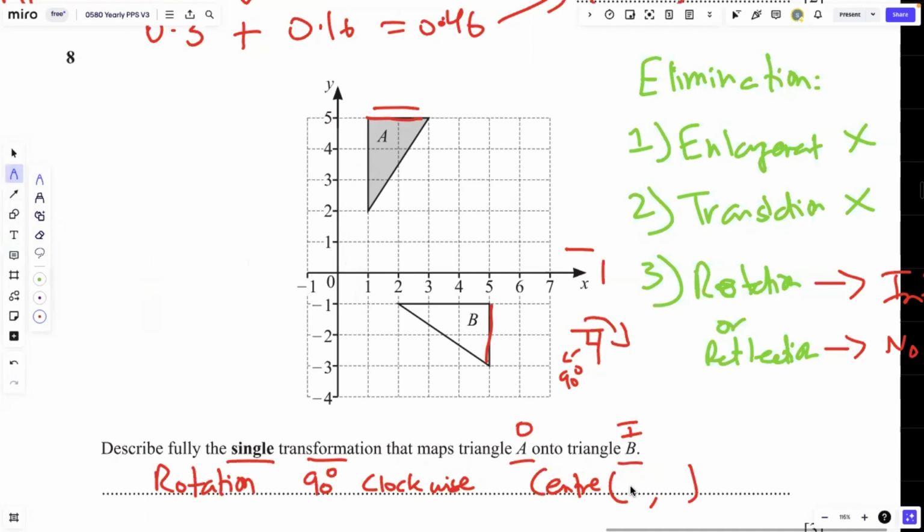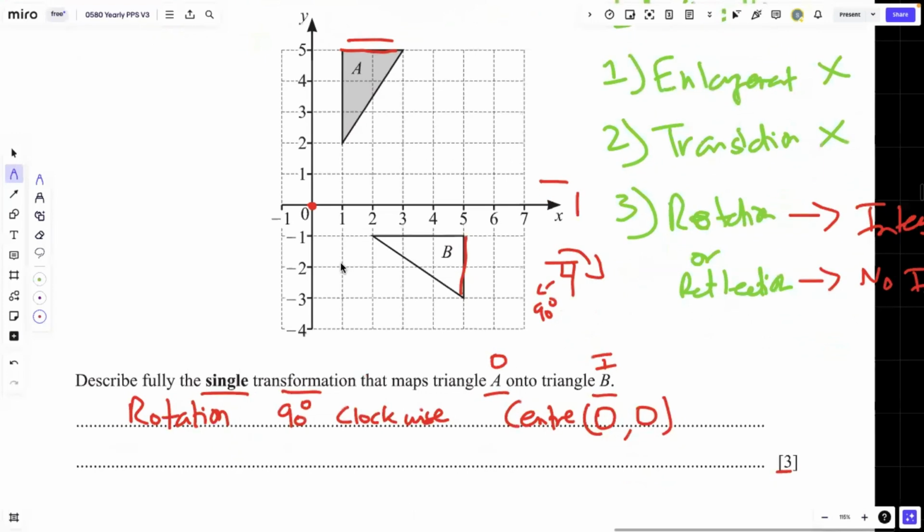The center point for this rotation, 90 degrees clockwise, is going to be the origin itself. You can also do it without the tracing paper using the perpendicular bisector method. When you join the two sets of points and make arcs using a compass, wherever the two perpendicular bisectors meet would be the center of rotation.